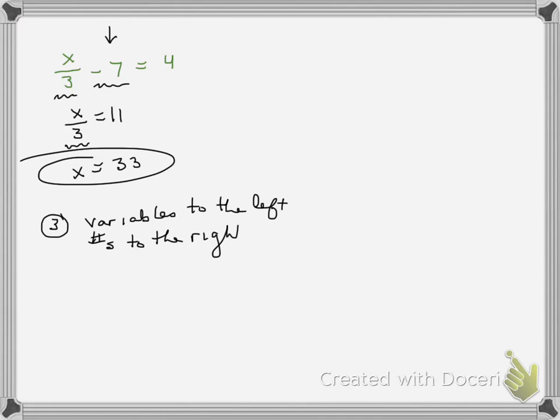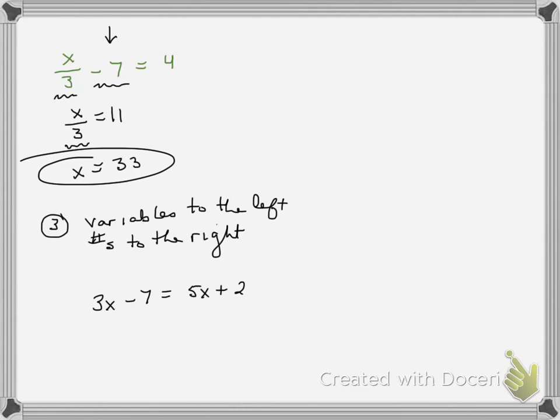What do I mean by that? What if I had a problem like 3x minus 7 equals 5x plus 2? Well, I can't simplify the left. I don't have any like terms. I cannot simplify the right. I don't have any like terms.